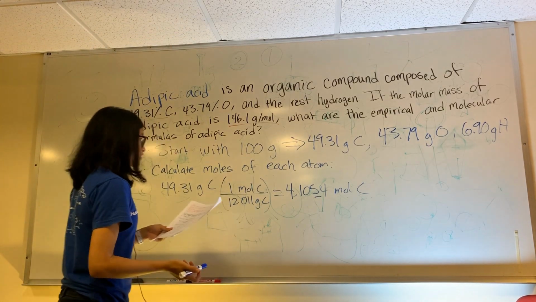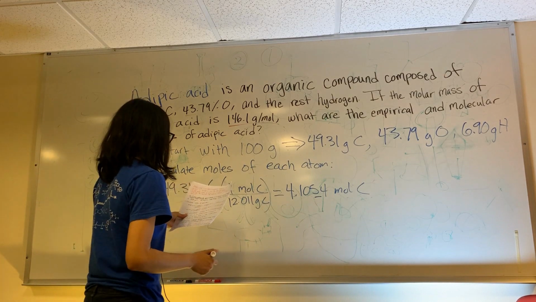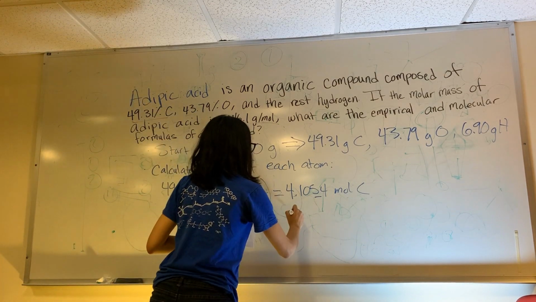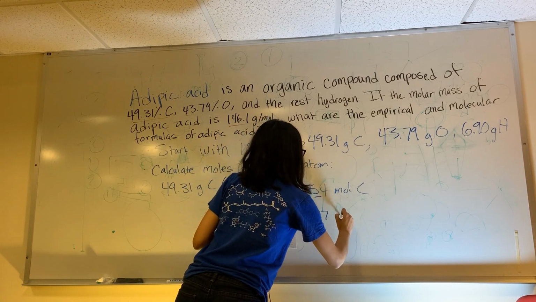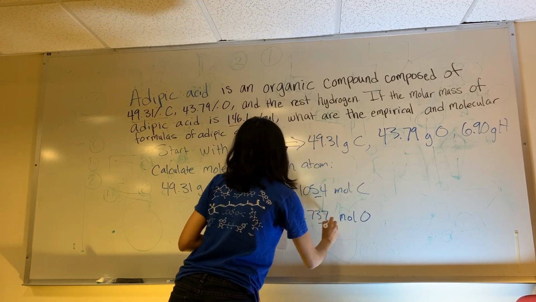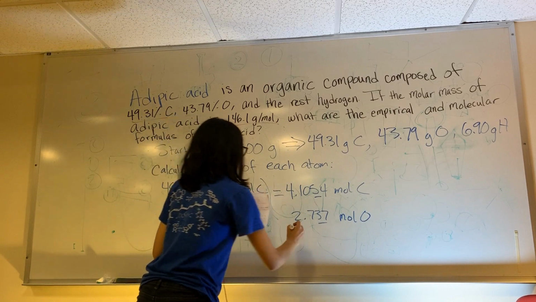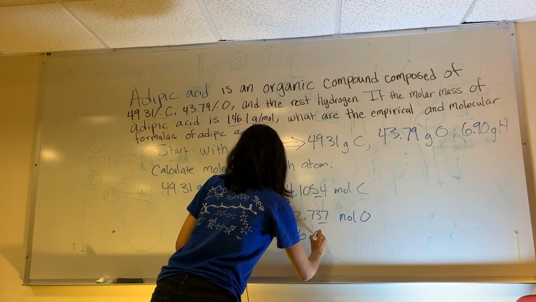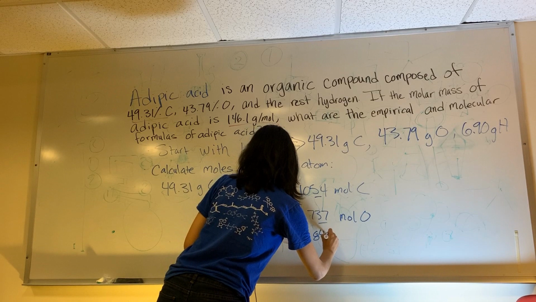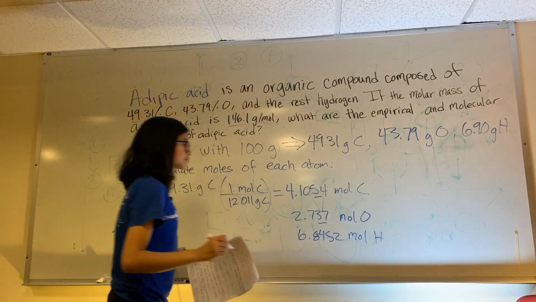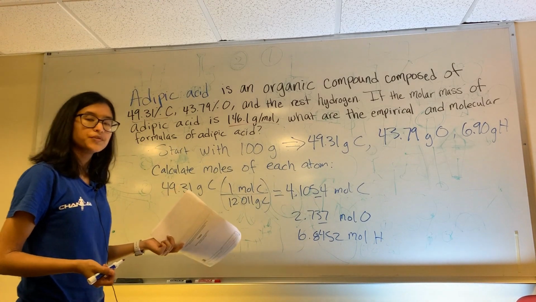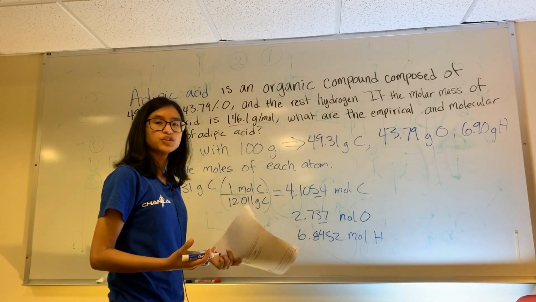Once you've done all that, you get 2.737 moles of oxygen and 6.845 moles of hydrogen.